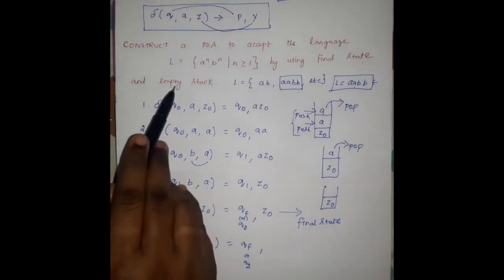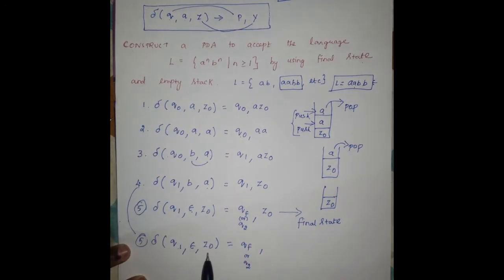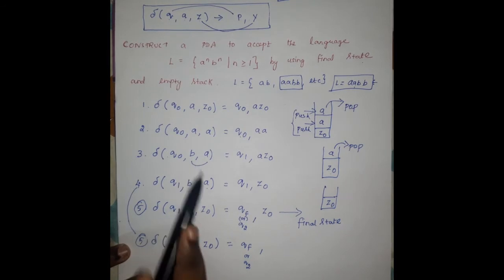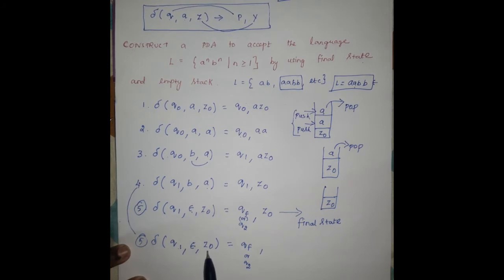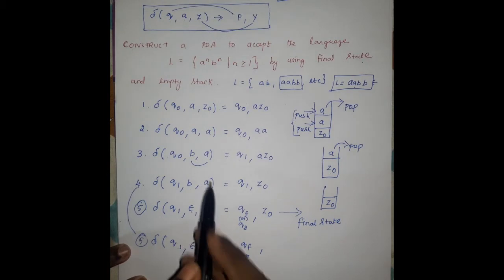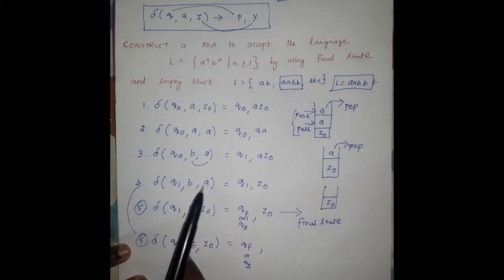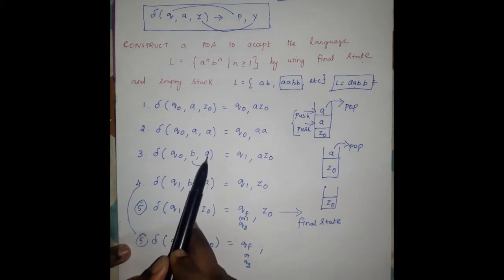Here for the empty stack method we are considering Z0 as one of the input elements, like A and B. So for epsilon, the input symbol, we are deleting the element Z0 from the stack. Here also we can pop the element A for B.